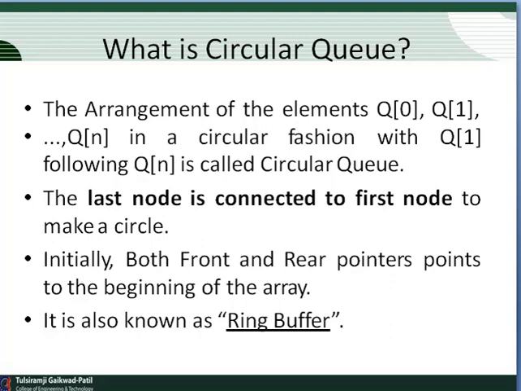If the last node is connected to the first node to make a circle, this happens only in circular queue. Initially, both the front pointer as well as the rear pointer point to the beginning of the array. It is known as ring buffer also.